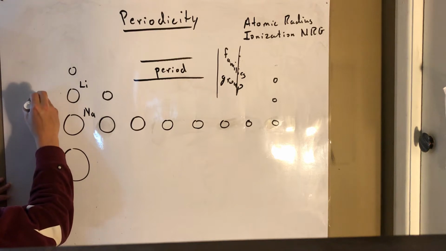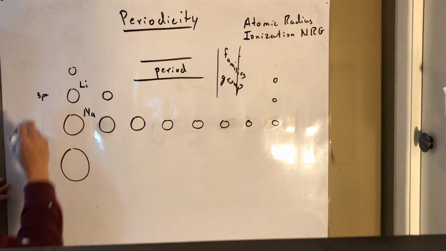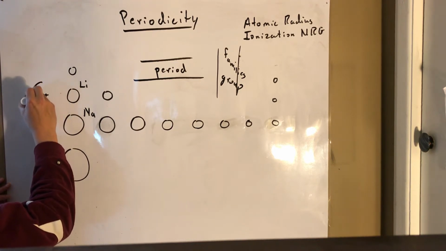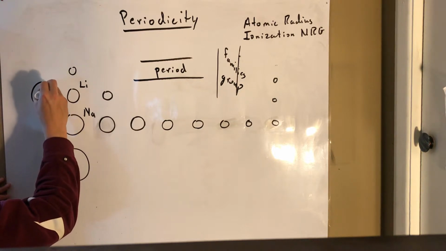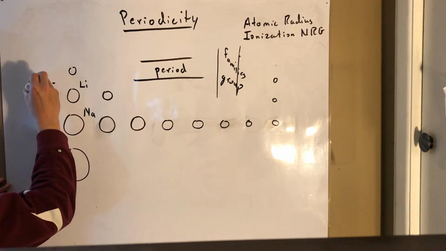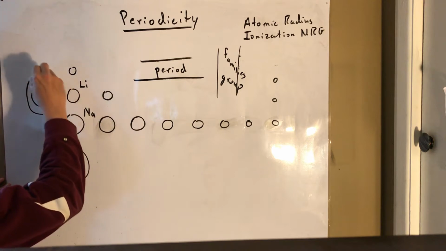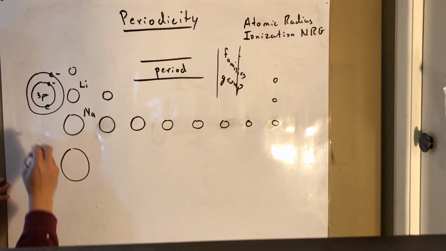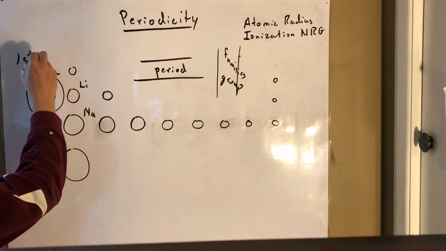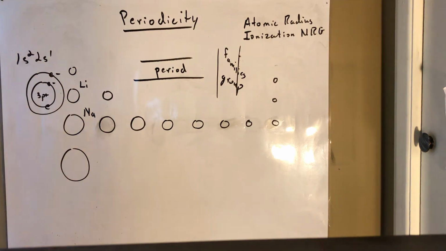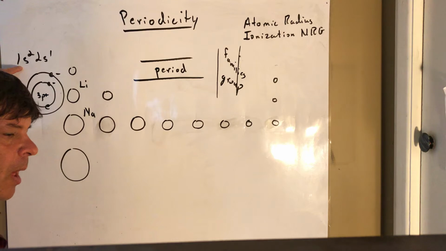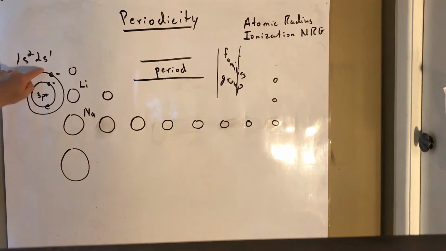We have three protons in the nucleus. We have 2 electrons in the first energy level, and then an electron on the second energy level. Of course, it's 1s2, 2s1. So we have 2 on the first energy level, just 1 on the second energy level. It has 1 valence electron.